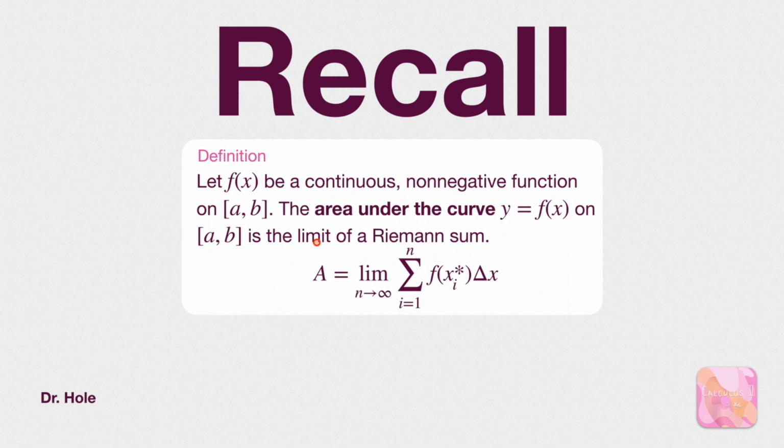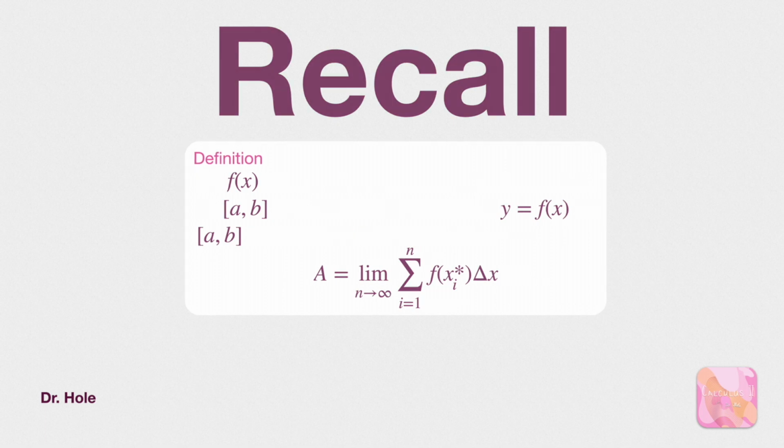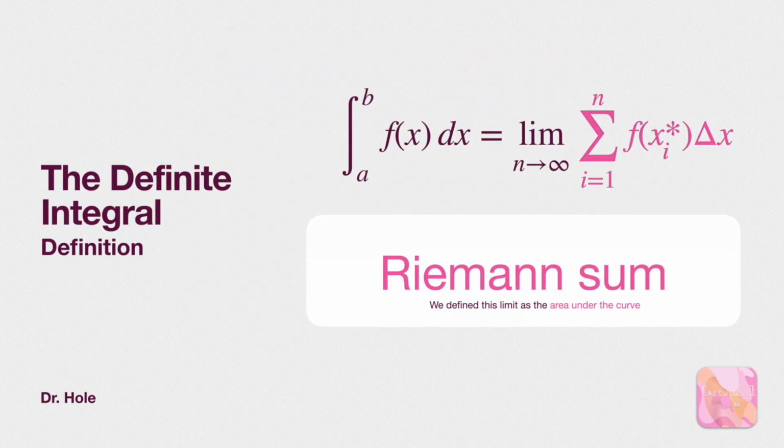How is it defined? It's defined as the limit of a Riemann sum. We set it equal to A on the right-hand side. Capital A is the limit of a Riemann sum. Okay, that's from section 1.1.